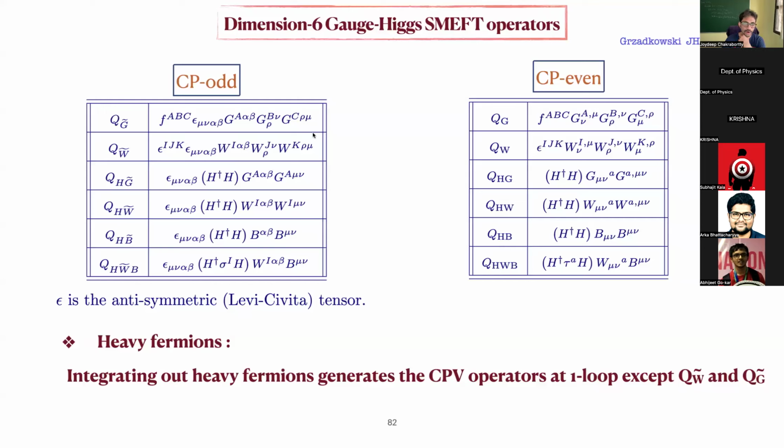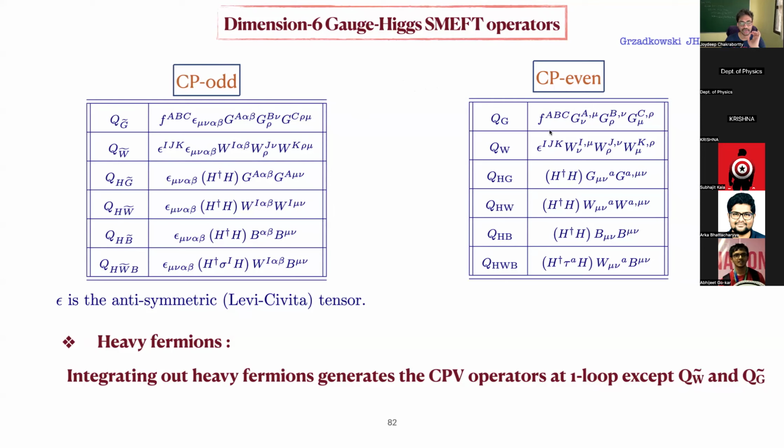And now you must be wondering why I am talking about the CP odd operators, and also about the CP conserving operators. It will be clear, because you can really show that unless you do a very non-minimal, skewed kind of scenario where you perform some kind of pseudo cancellation, the CP violating operators will always be accompanied by the CP conserving operators.